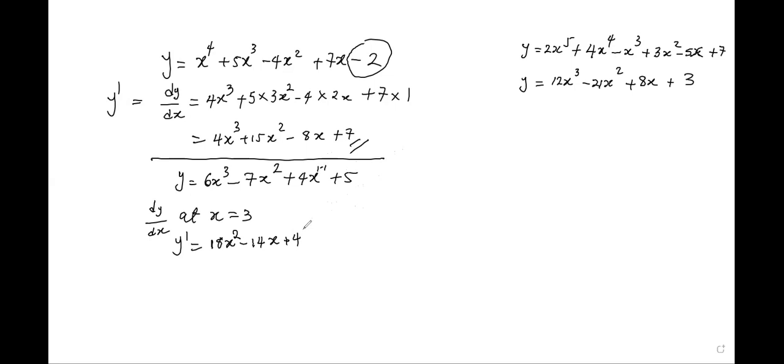So they are saying we should evaluate this at x equals 3. Very simple. So you already learned functions. So this is 18 into 3 raised to the power 2 minus 14 into 3, then plus 4. So this is 18 multiplied by 9 minus 14 multiplied by 3.